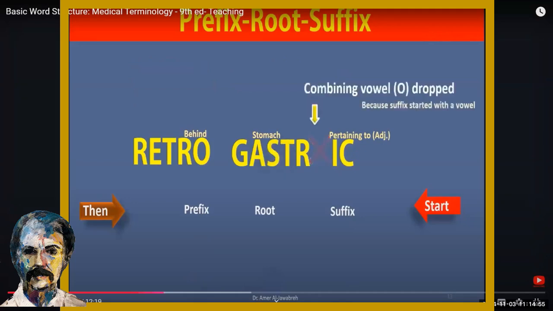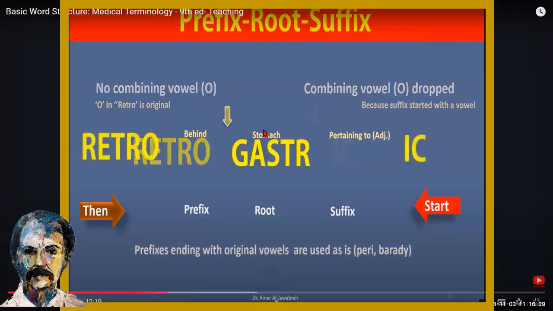And there is an O here, which also we don't need because between the prefix and the root there is no O. And the O you are seeing here is part of the word. So sometimes in every language, there is the rule, the grammar, and there is the exception. It happens in every language. So we have retrogastric, see?